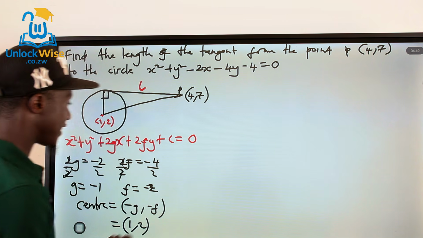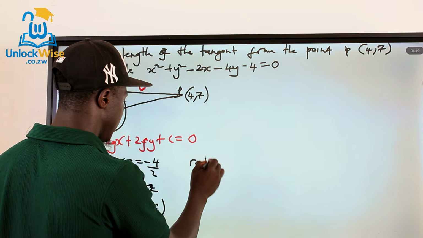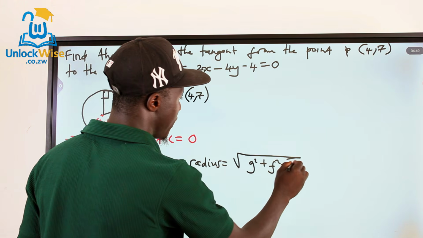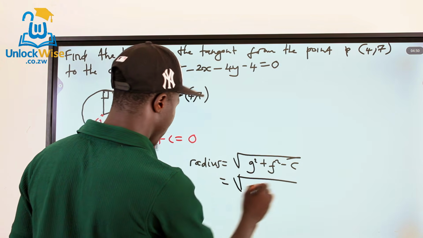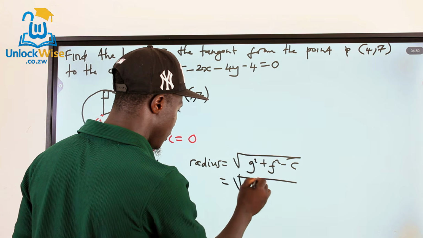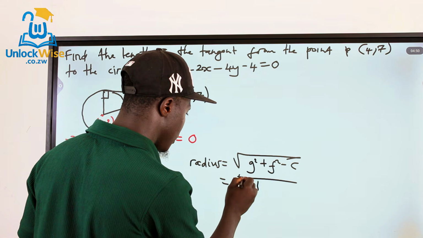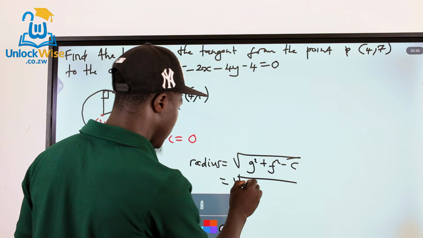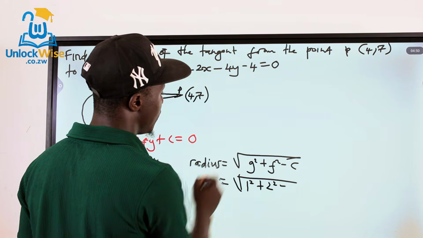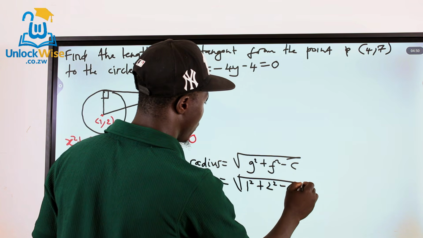The radius, like I said before, is equal to the square root of g squared plus f squared minus c, which is equal to the square root of 1 squared plus 2 squared minus c, that is minus minus 4.